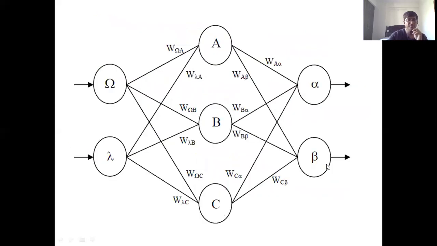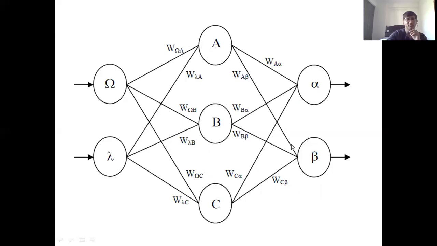WAB. Very simple. To get this error at A, I first multiply the term output at A by 1 minus the output at A. This term is fixed. Then the error at alpha, which we already know, is multiplied by this updated weight, and plus, similarly, the error at beta multiplied by this updated weight.